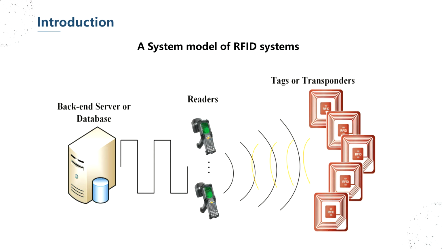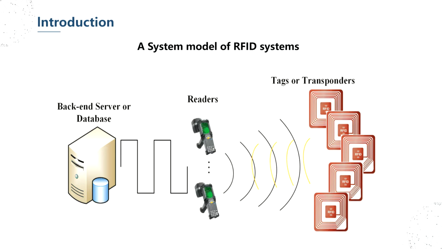The main components of an RFID system include the hardware and the software system. RFID tags can be passive or active, depending on powering techniques.